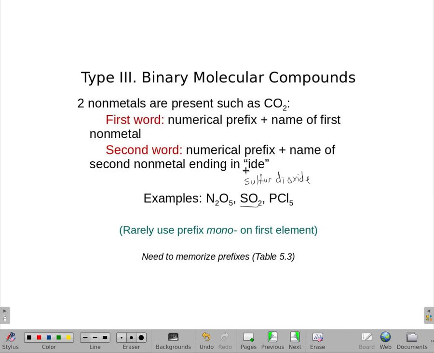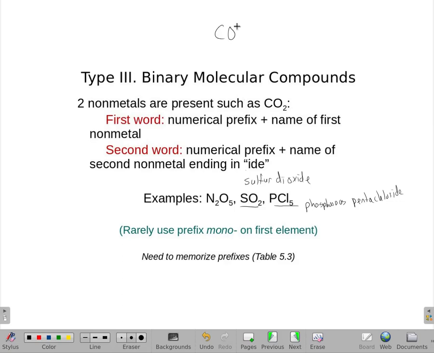Now, what prefix do you think you might use in front of a 5 for this PCl5? Yeah, it's going to be phosphorus pentachloride. You will sometimes, when there's just one, see mono, so monophosphorus pentachloride. But the biggest time we use mono is if we want to draw attention to it.